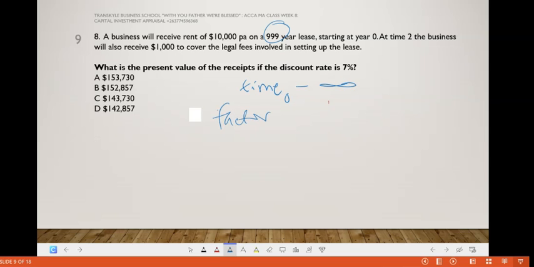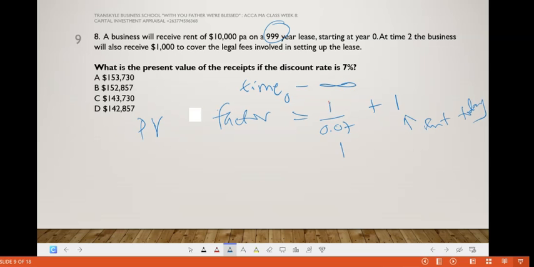The PV factor is going to be 1 over 0.07, plus 1. The reason why we are adding 1 is because we are starting to receive income today, rent today.